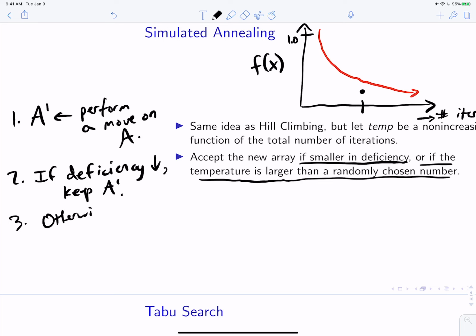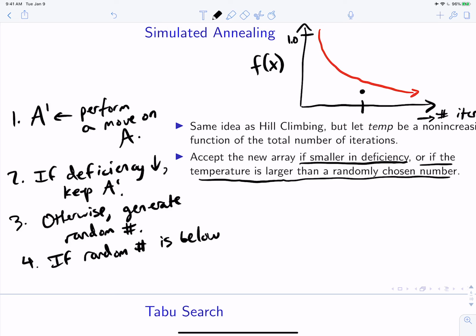Otherwise, generate a random number. If the random number is below the red line, keep A prime, otherwise keep A.